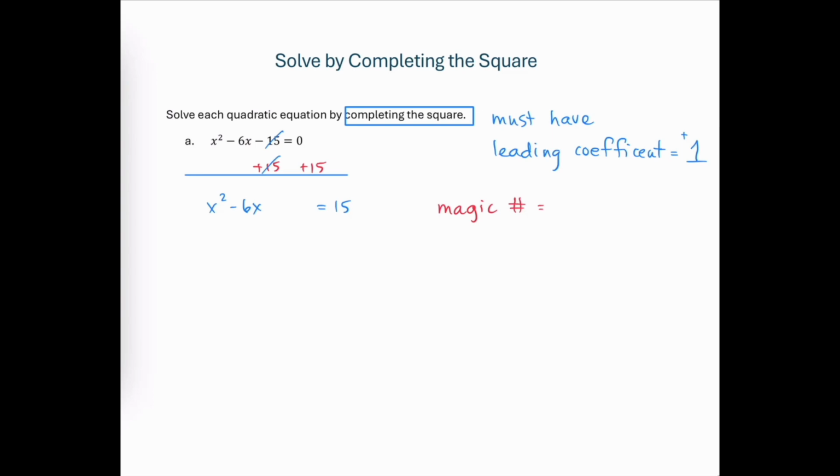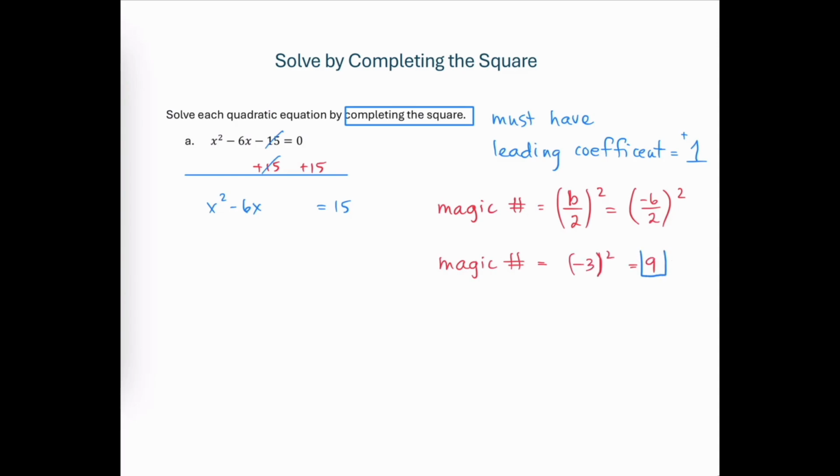And if you'll recall, the formula for determining the magic number is that we take the b coefficient, we divide that by 2, and then square the quantity. As a reminder, the b coefficient is the coefficient on the x to the first power term. So in this case, our b coefficient is negative 6. So we'll take negative 6, divide that by 2, and square that quantity, which gives us negative 3 quantity squared, which is positive 9.